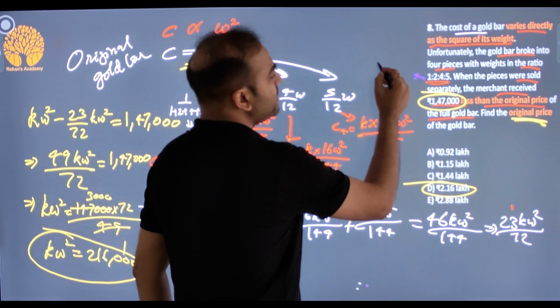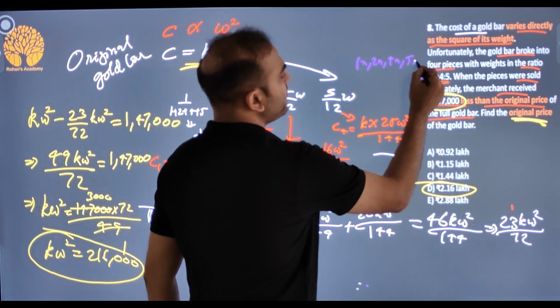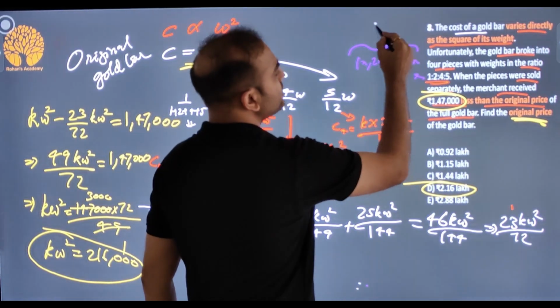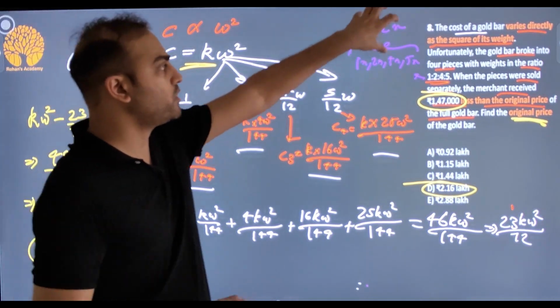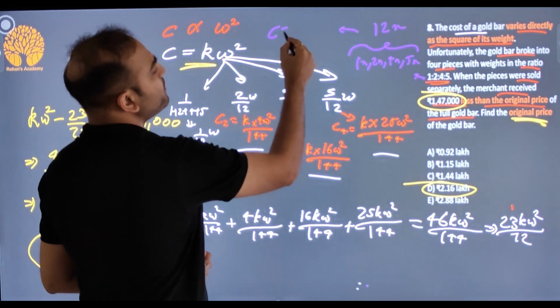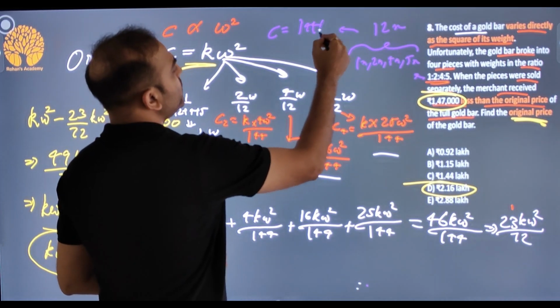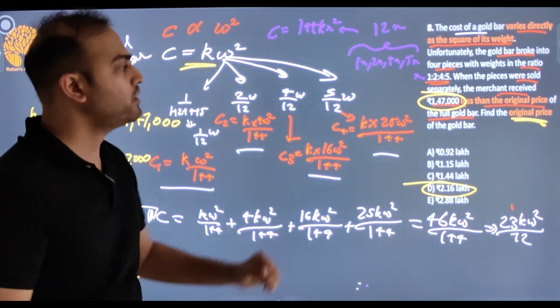Let the pieces be 1x, 2x, 4x and 5x. That means the original, the total weight, was 12x. If it is 12x, the cost will become 144kx square, because cost is weight square into k.